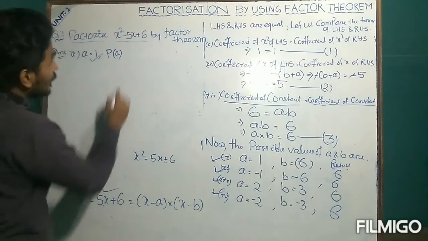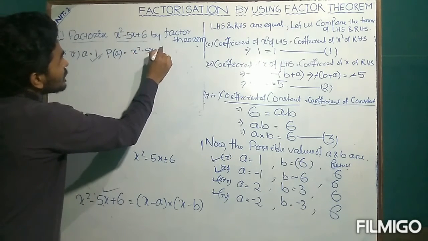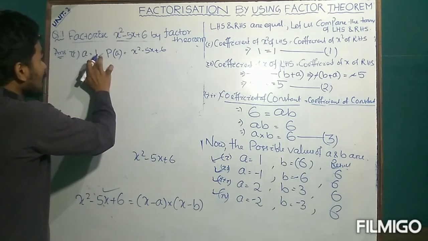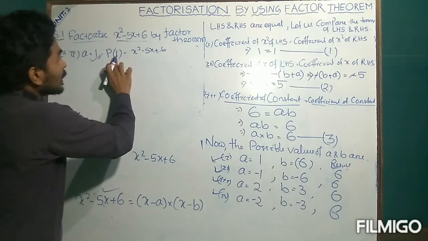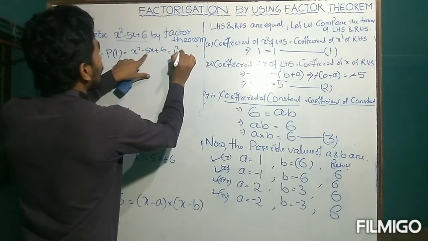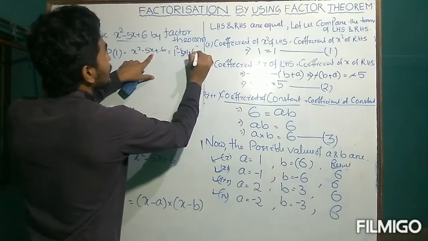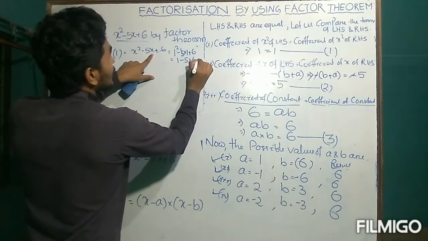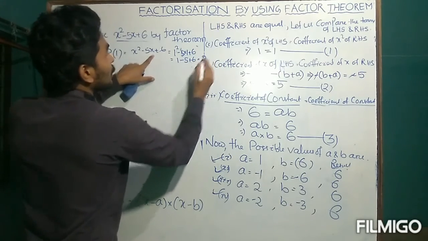Since p of x is x square minus 5x plus 6, in the place of a we take 1. It will be 1 square minus 5 into 1 plus 6. It will be 1 minus 5 plus 6, that is, you can get the final result to be 2 here.